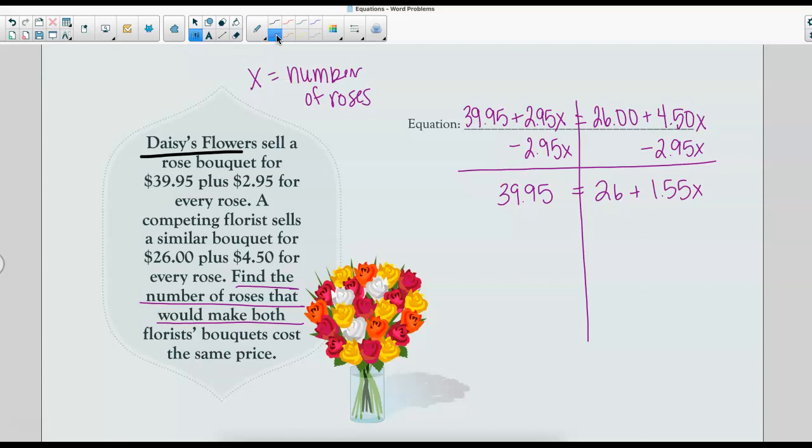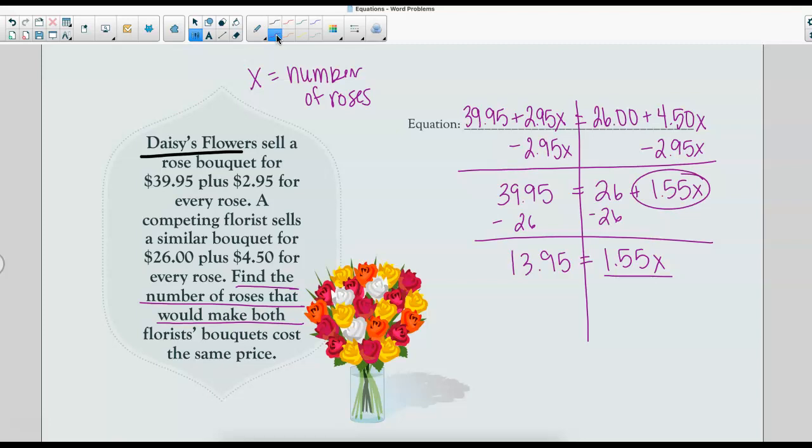Agreed so far? Now we have to get rid of the extra, right? We have a variable and its best friend. We've got to get rid of like the third wheel. How do I get rid of the 26? Minus 26 from both sides. $39.95 minus 26 is $13.95 equals 1.55X.